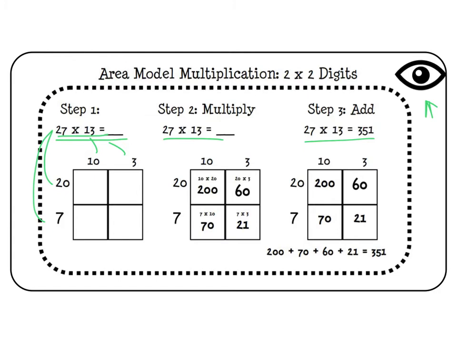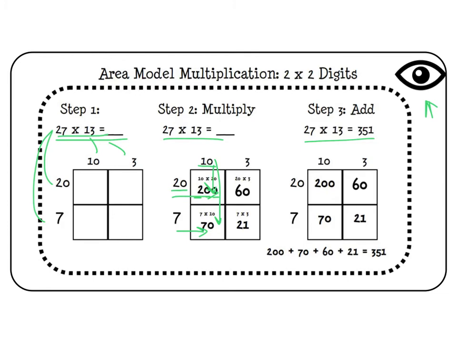So step 1 is that we break our numbers up into their place value. Step 2 is we're going to multiply in each corner of the boxes. 20 times 10 is 200. We know that because 2 times 1 is 2, and then we add 2 zeros. So that was this box and this box. Now we're going to do this 10 down here and this 7 right here.